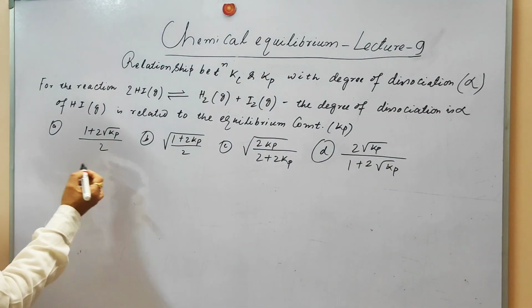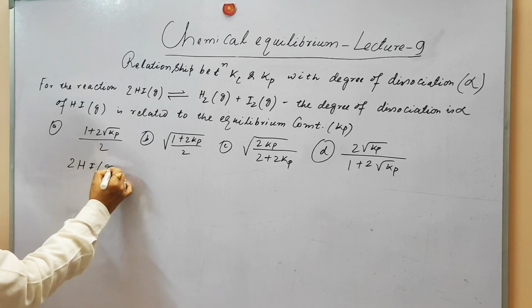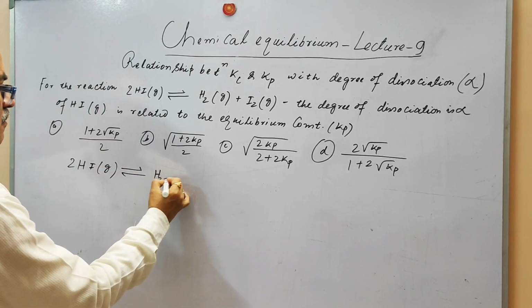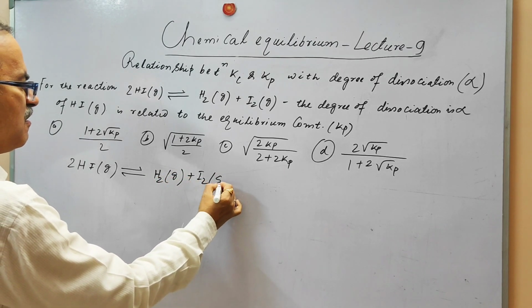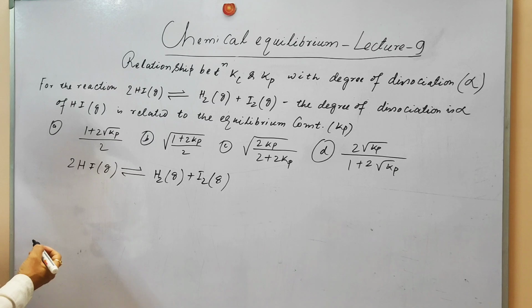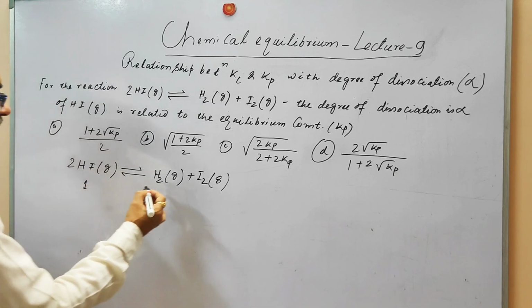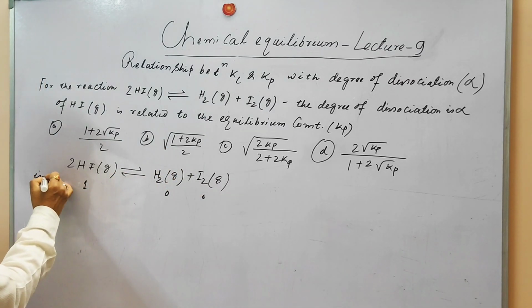So in this case, what we will do first: for HI gas, we have taken the initial 1 mole. This will be the initial condition.